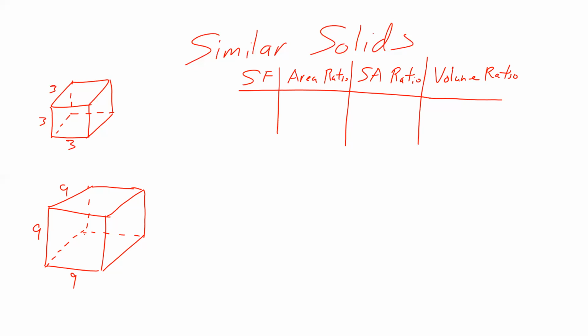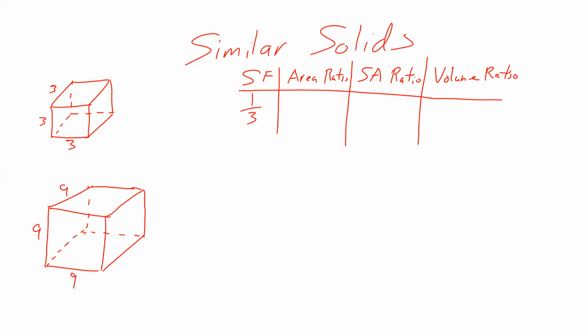So on here, we have the scale factor. We already looked at these values on the previous slide. What was our scale factor here? 1/3, right? We had 3 to 9, which reduced to 1/3. Our area ratio we just did on the last slide was what?